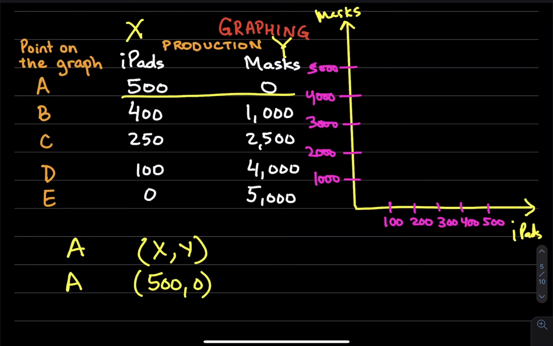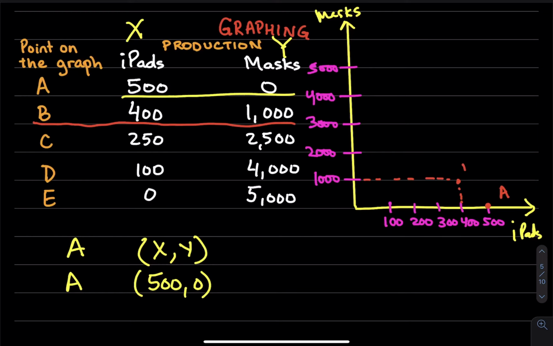Okay, so let's draw point A, which is 500, which is somewhere here. Let's mark this. Then point B is right here, 400 comma 1000. So this is going to be this point right here, where x is 400 and this is 1000.